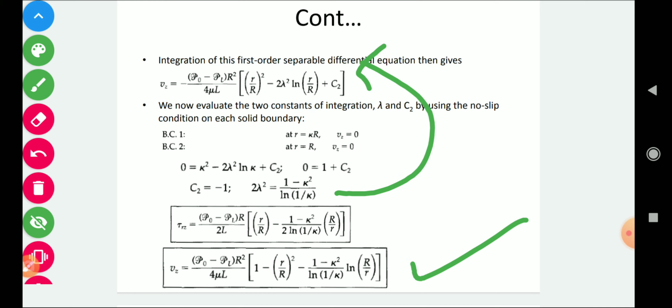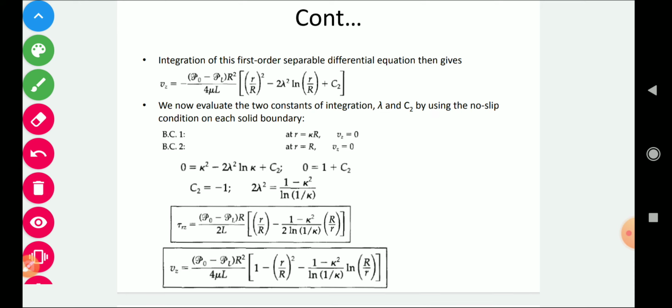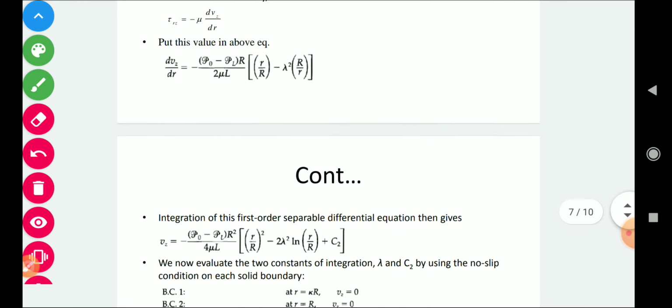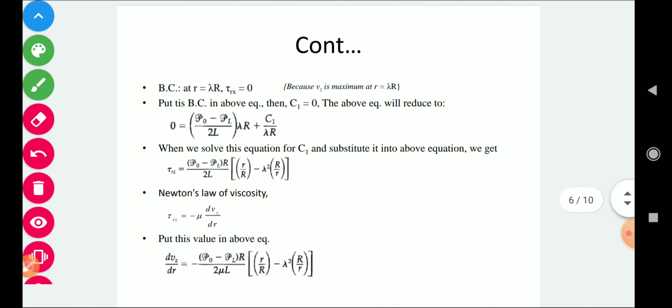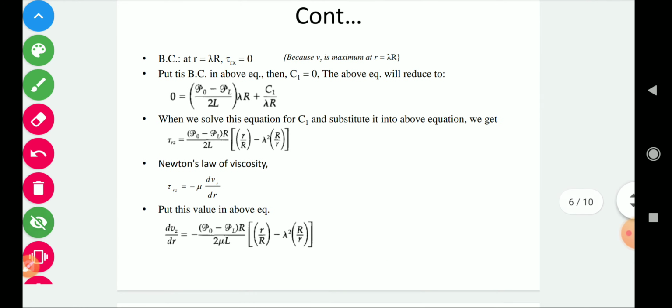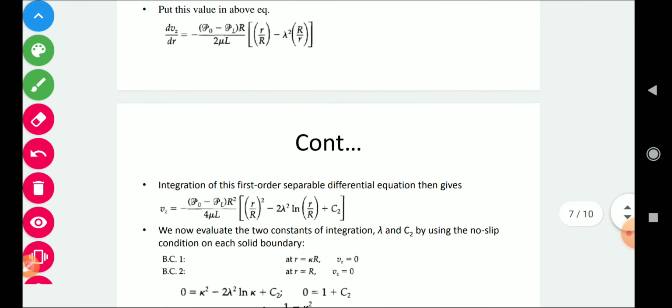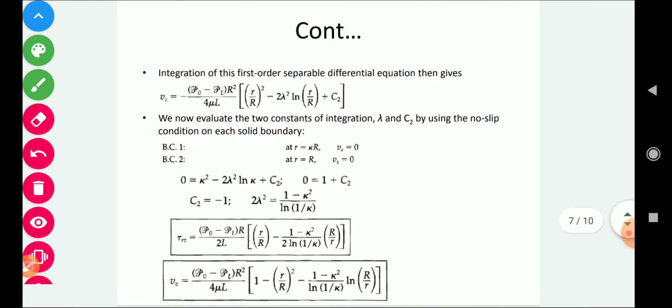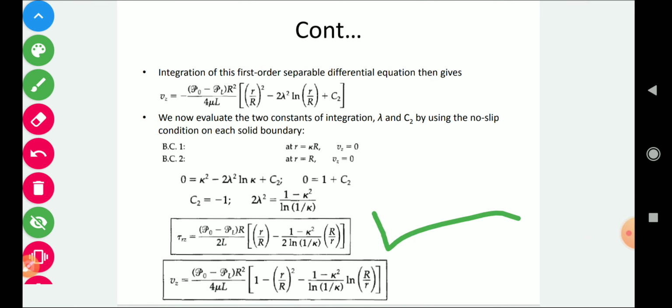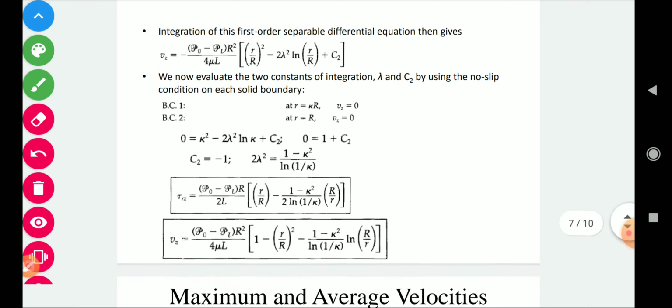And we can also calculate this tau rz by putting the value of these constants into this equation. So if we put the value of lambda in this equation, we can also get our desired equation of shear stress, and this equation is this one.